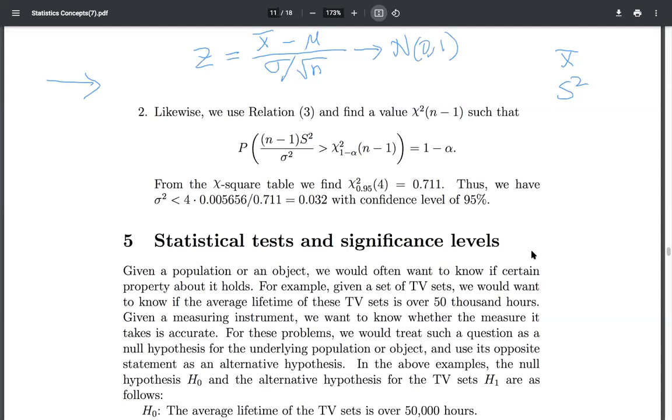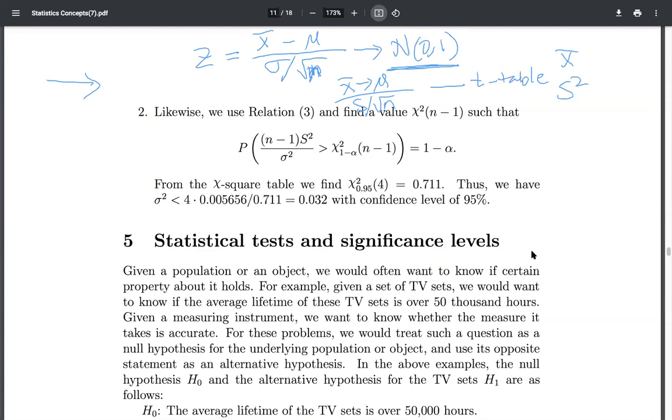That means if I decide to use this, I can use a normal distribution table. So when do we use this? When n is large enough. If n is not large enough, then we should use this, and this time we are going to use the t-table.